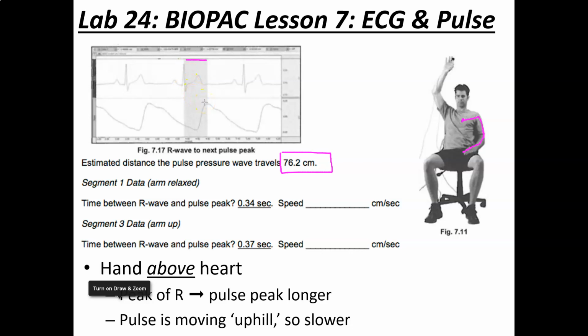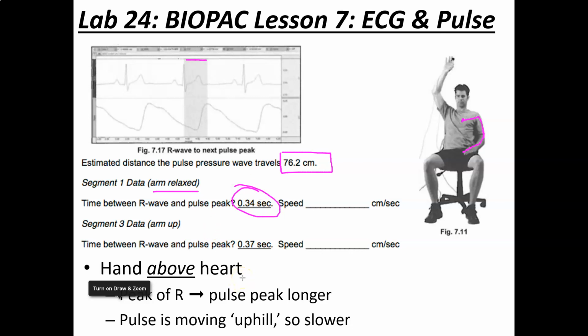It's how long it takes for the pressure wave to get from the heart, so that's the beginning of systole when the heart starts contracting, to actually being able to see the peak of the pressure wave. In the first instance, when the arm was relaxed, it was 0.34 seconds.